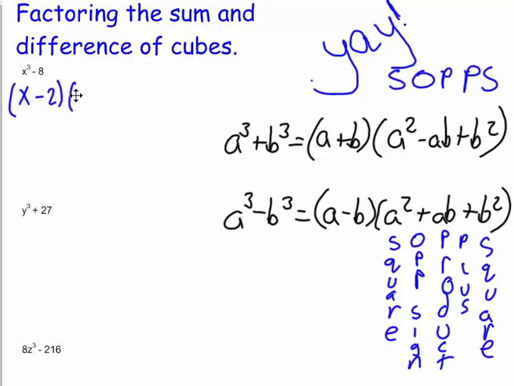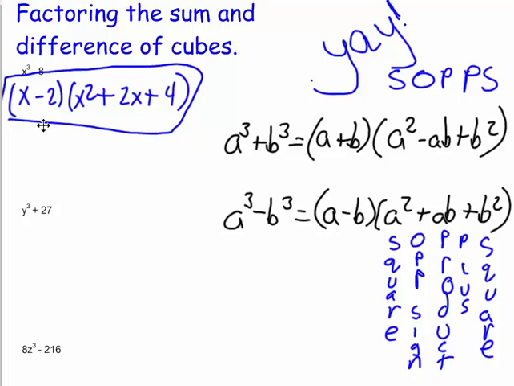The first term is x, so x squared. I want the opposite sign. It's negative, so I want plus. Then the product of 2 and x, which is 2x. And then a plus sign, and then square the second term. 2 squared is 4. And we have it. That's your answer.